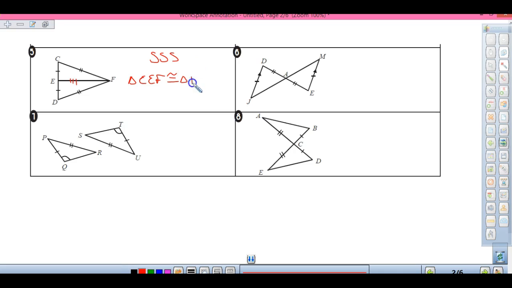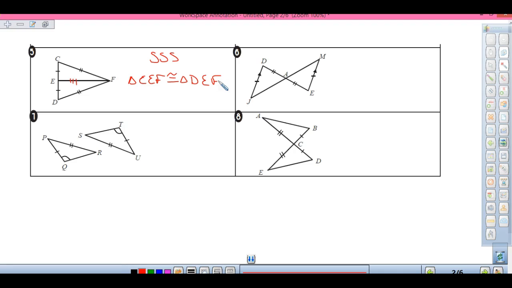DEF, yep. Not necessarily. They can still be side, side, side because I still might have all 3 sides congruent. Yes. Okay, side angle side is if it goes side and then an angle and then a side.